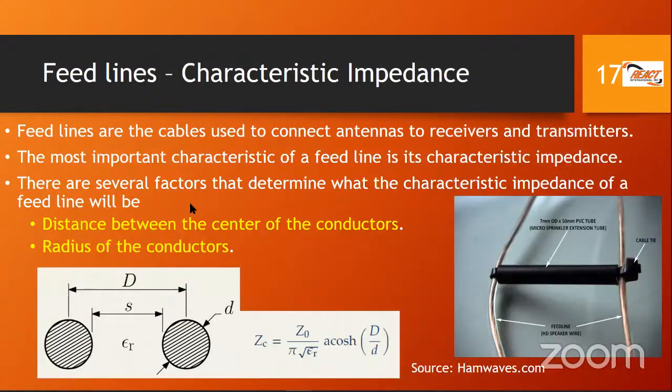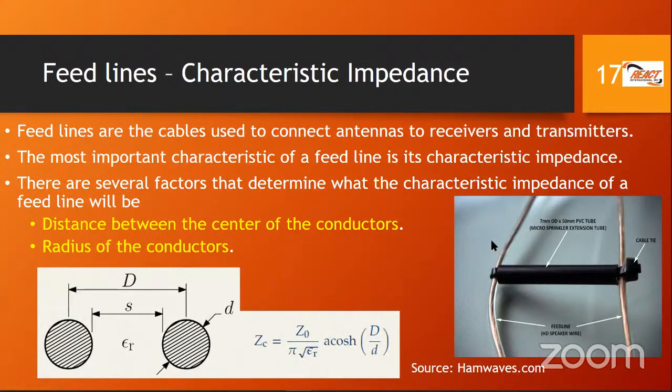Okay, next topic. We talked about feed lines before in the technician class, but we are getting a little deeper. One of the types of feed line that we looked at was called twin line, twin lead, ladder line, and there are several other names that could be used to describe it.